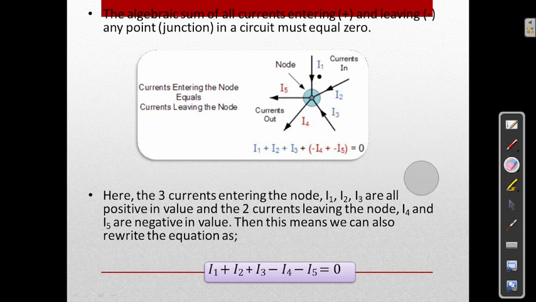That is written over here: I1 plus I2 plus I3 minus I4 and minus I5 is equal to 0.